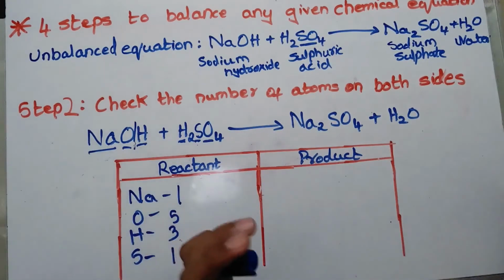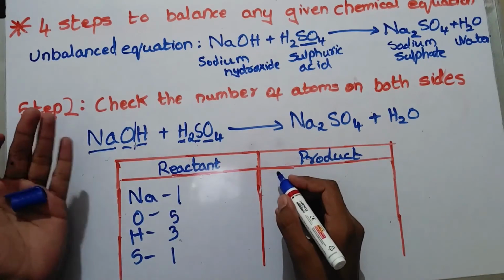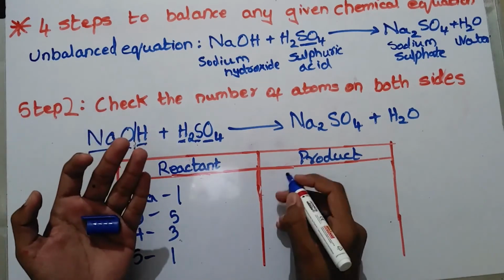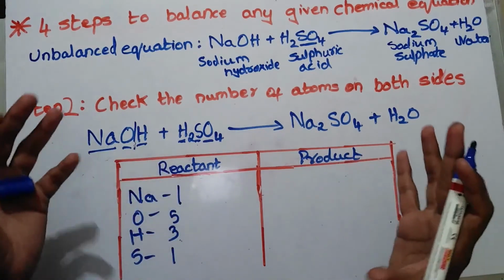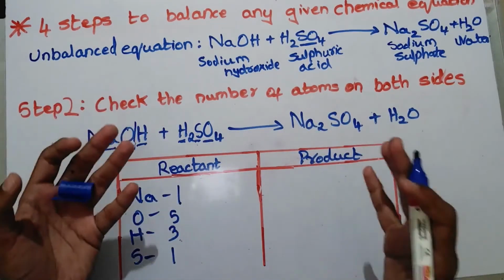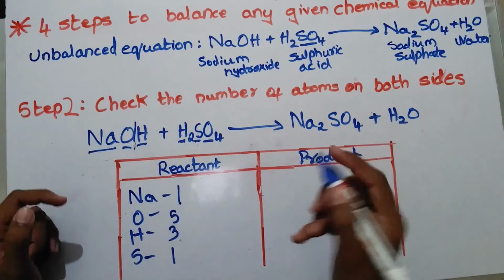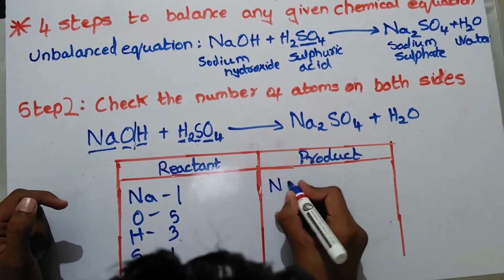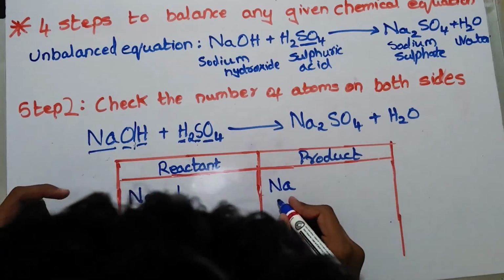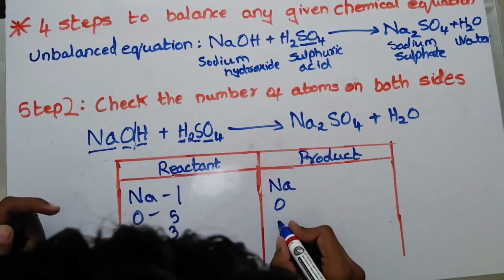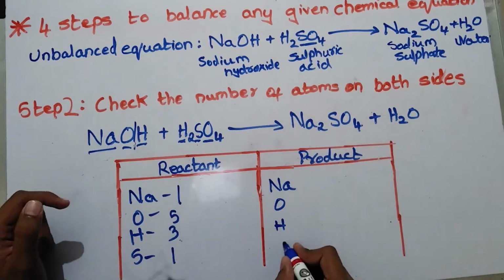Now let's jump on to the product side. Now you can see that the products will also have the same elements, but they will form different compounds. Compounds means the combination of two or more elements together, which forms a compound. So you can see that sodium is here also, oxygen is here also, hydrogen is here also, and sulfur is also here.